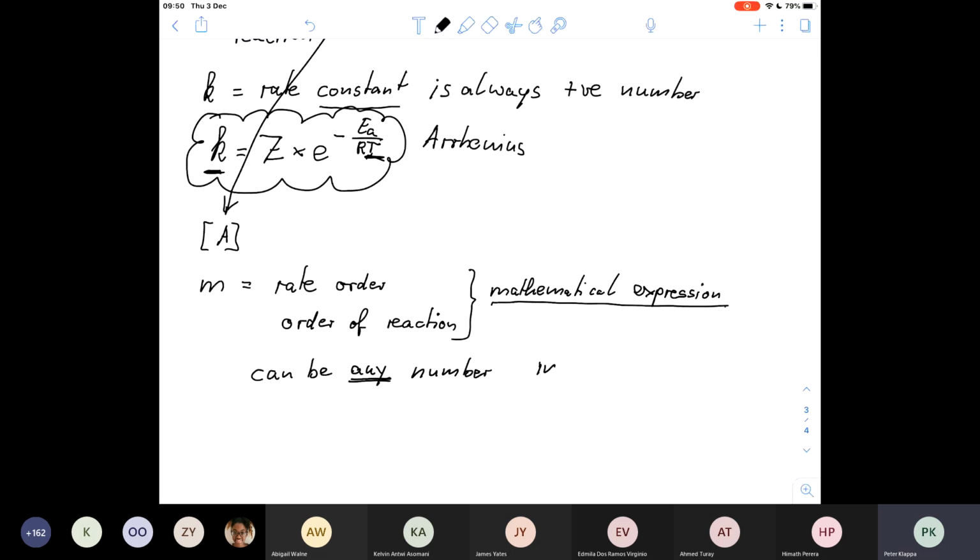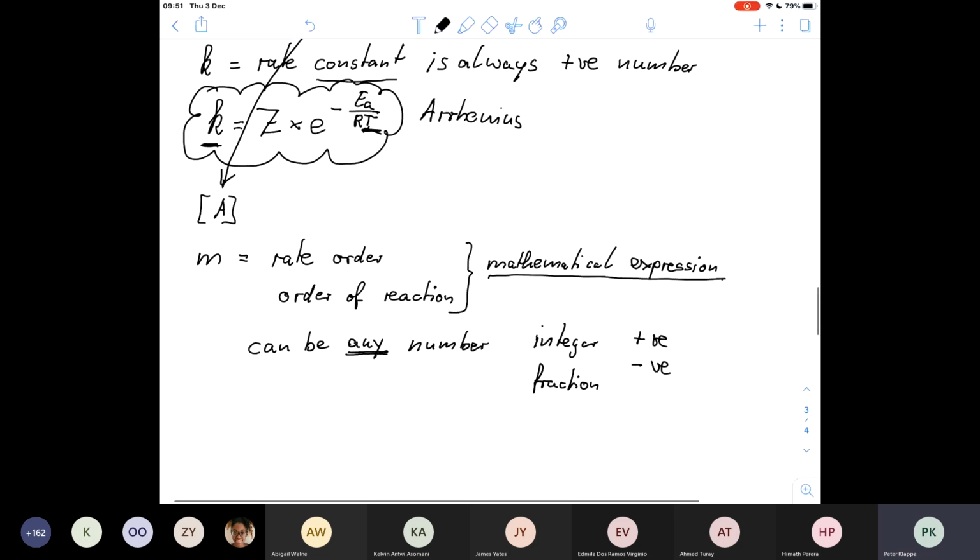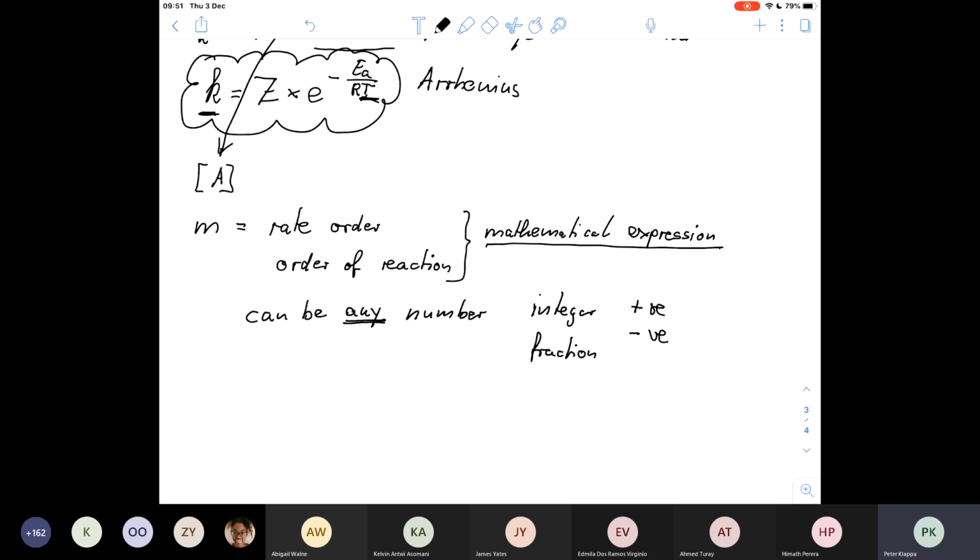It can be positive. It can be a negative number. It can be a fraction. It can be an irrational number. It can be whatever you can think of. It is possible that m is this number because it is just simply a mathematical expression.